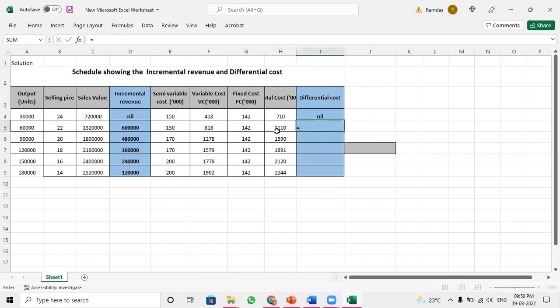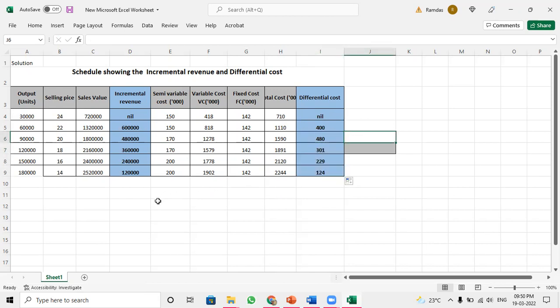How do we calculate it? The differential cost is equal to the current level of activity's total cost minus the previous level's total cost. So we get 480 here. I apply the same formula to the other levels of activity as well.